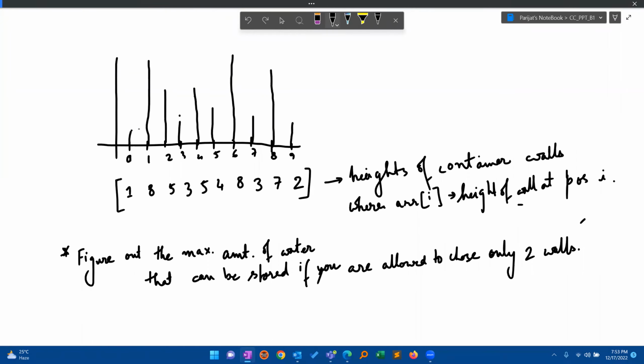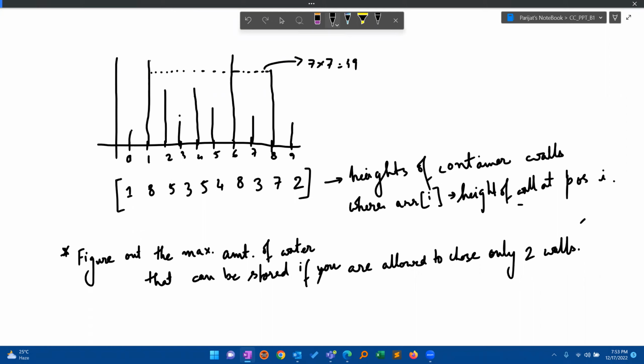But you have to choose the two which have the maximum water stored. So ideally the answer should be these two, where the maximum area will be 7 width and 7 height, so 49.